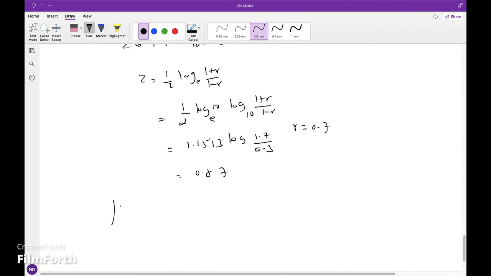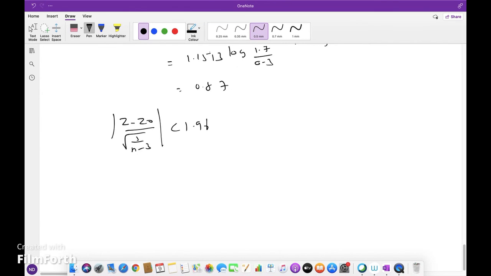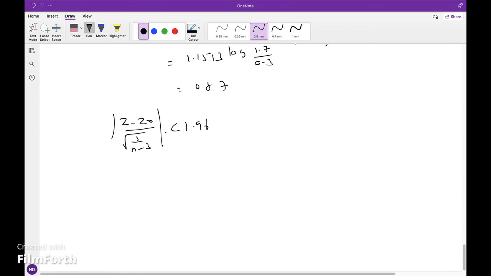But modulus of z minus z naught divided by the square root of 1/(n - 3) is less than 1.96, because at the 95% level of confidence the value of z is 1.96. So definitely the modulus of this value is less than 1.96, with probability 0.95.